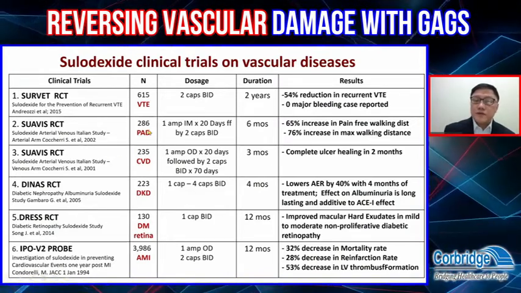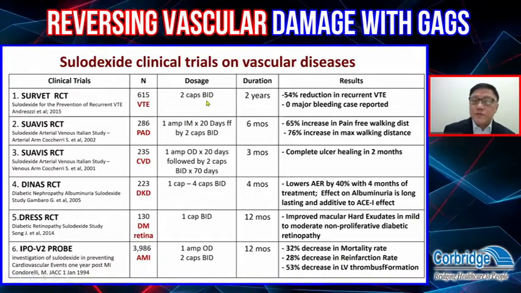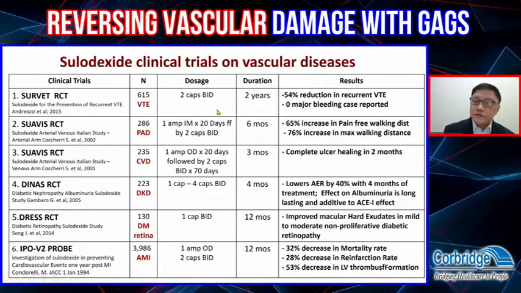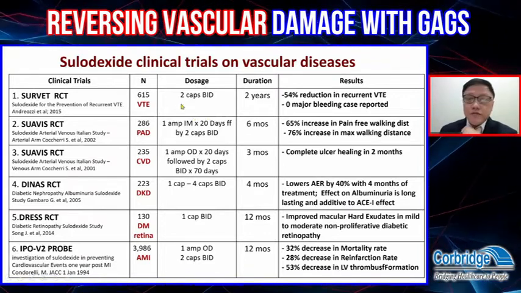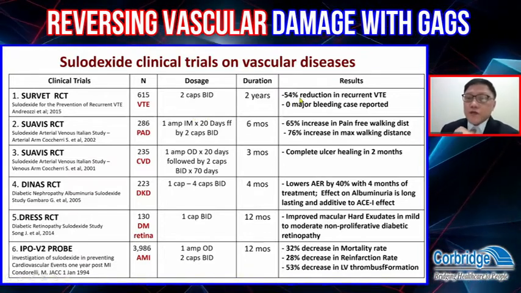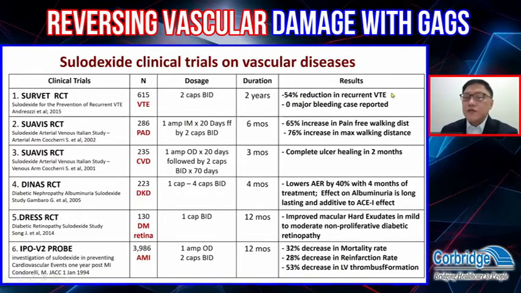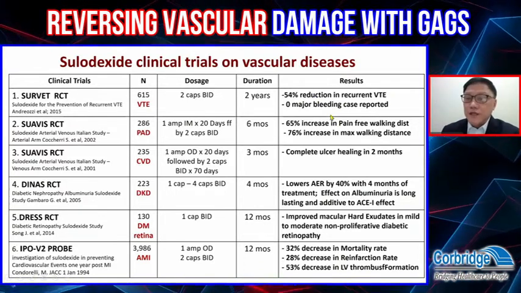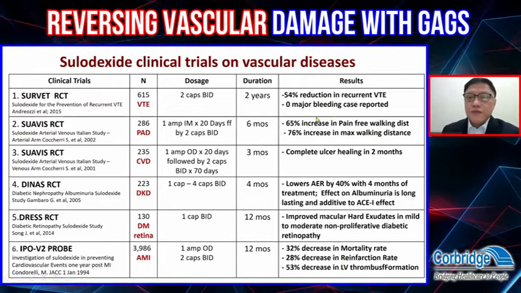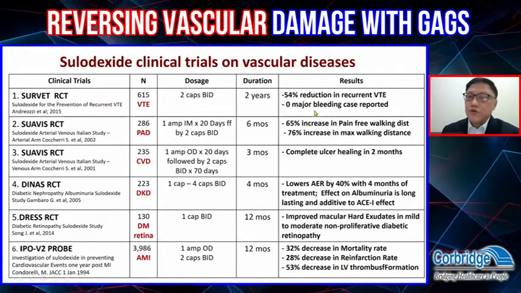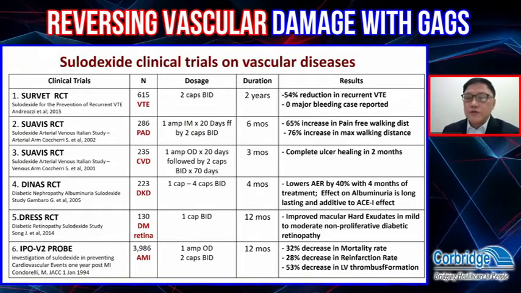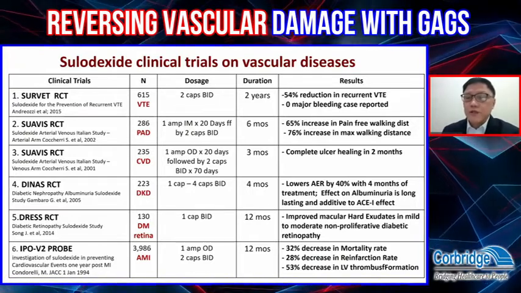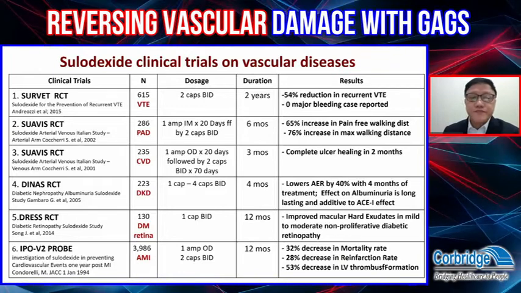And they were given 2 capsules BID for 2 years of sulodexide versus placebo. And at the end of 2 years, there was a 54% reduction in recurrent VTE and a 0 major bleeding case report, which you don't see in any of the anticoagulation clinical trials because they always induce bleeding.